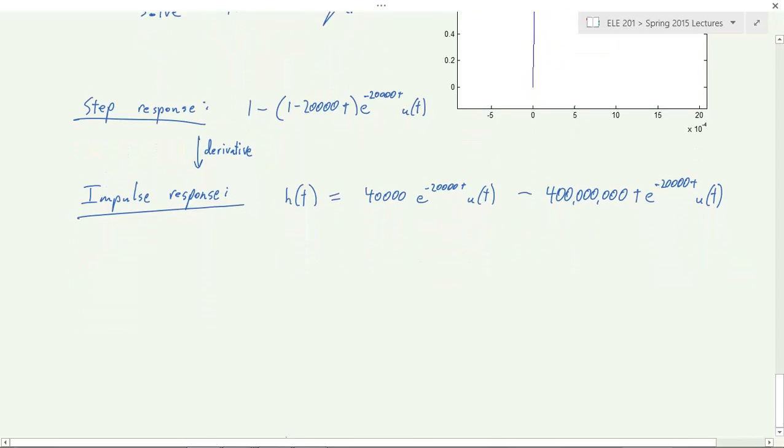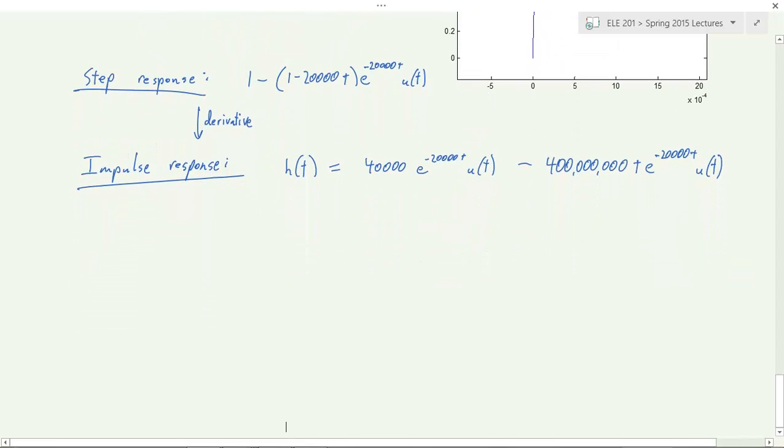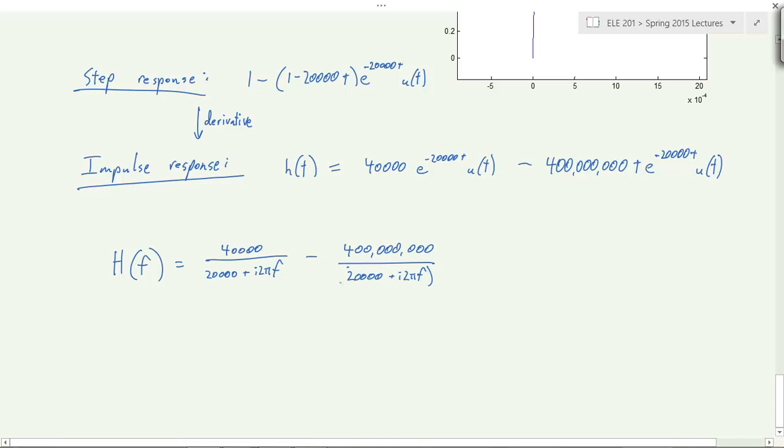Of course, what we really care about is understanding what happens in the frequency domain. So we could get h of f by taking a Fourier transform of that response. I've done that for you, and you get something like 40,000 over 20,000 plus i 2 pi f, minus 400 million over 20,000 plus i 2 pi f, all squared.